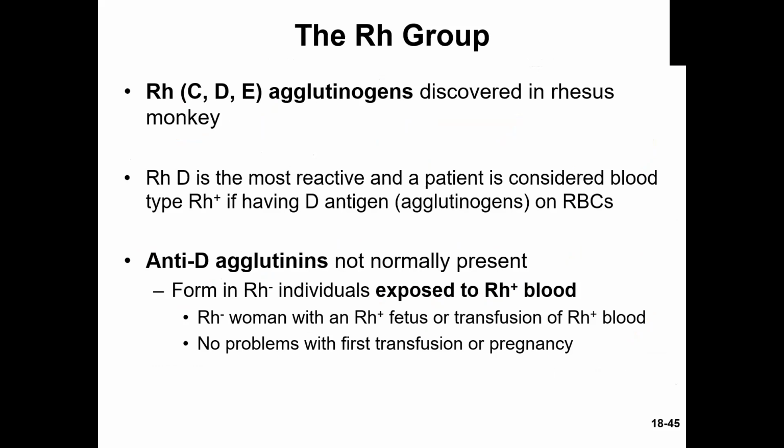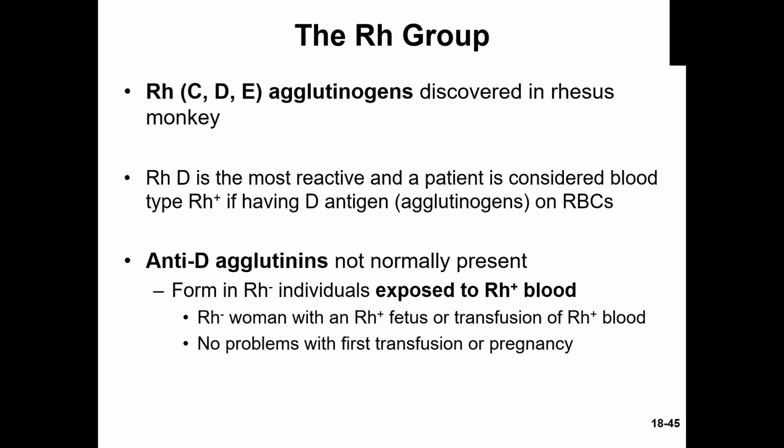Now let's talk about the RH group. The RH group is our positive or negative identifier, and it's another antigen on the cell surface. There are really 3 of them, C, D, and E, D being the most reactive. So that's the one we talk about. If RHD is present, the patient is considered to be RH positive, it's on there.